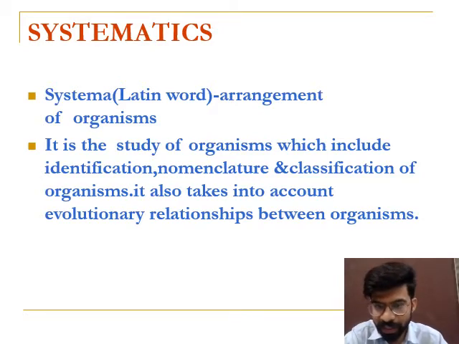Morphological means external character, or internal character, or its type of cell. Then the organism is provided a scientific name, binomial nomenclature. Then it is classified into a particular convenient category or convenient group. So these are some processes which should be considered during systematic arrangement.